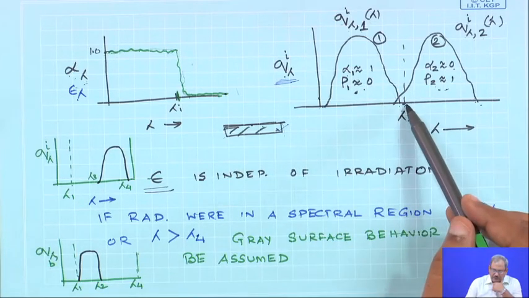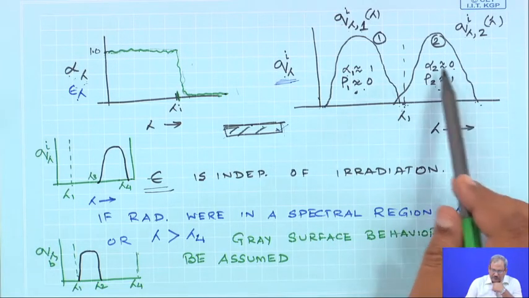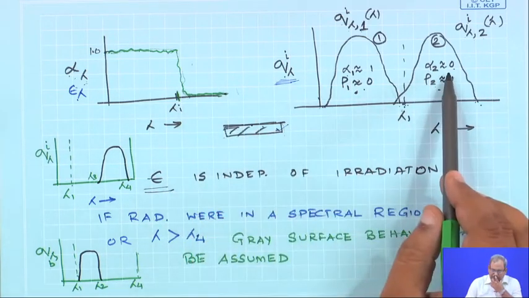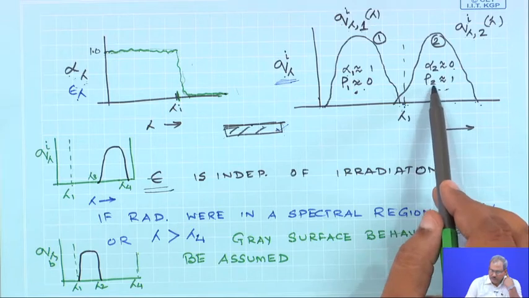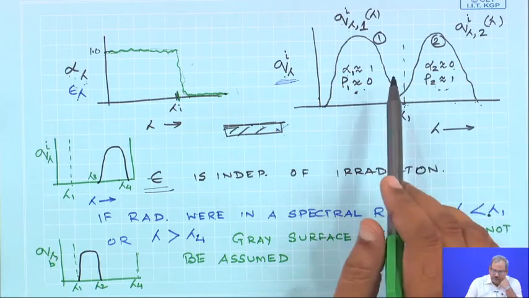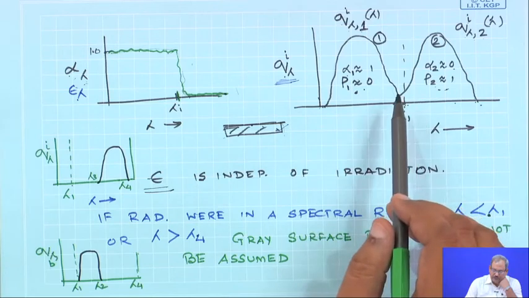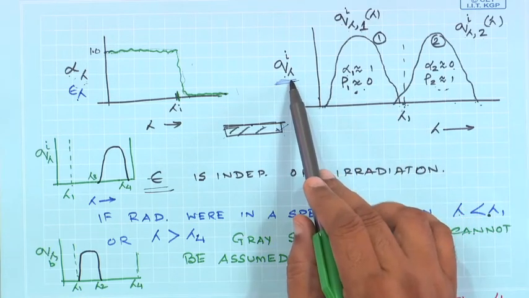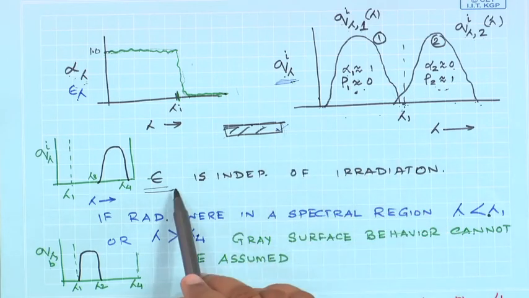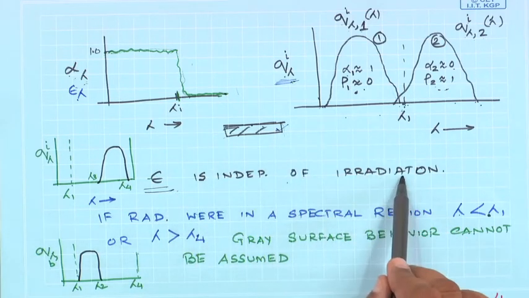However, if the irradiation is beyond lambda 1, then alpha 2 is going to be about 0 and the reflectivity is going to be equal to 1. So, the value of alpha strongly depends on the spectral nature of irradiation, whereas epsilon is independent of radiation.